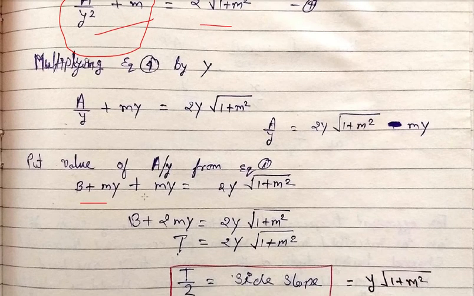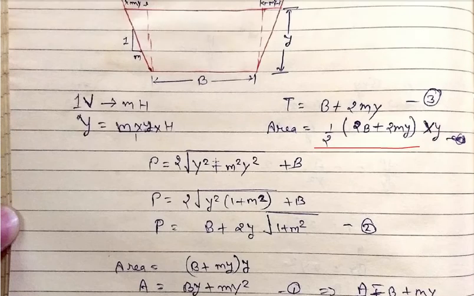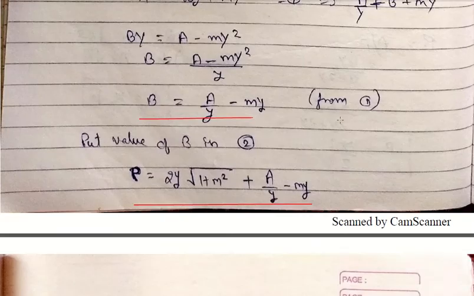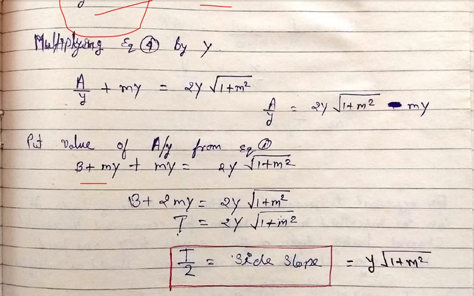We put here, so b plus m y plus m y, so b plus 2 m y equals to 2y root of 1 plus m square, and b plus 2 m y for trapezoidal section is known as the top width. So here top width is equals to 2y root of 1 plus m square. That means T by 2 equals to side slope.